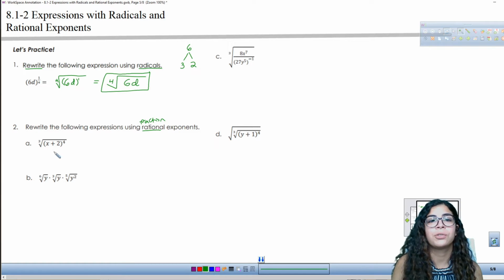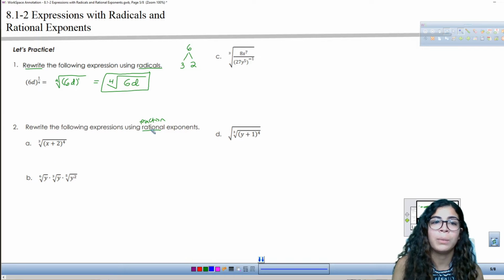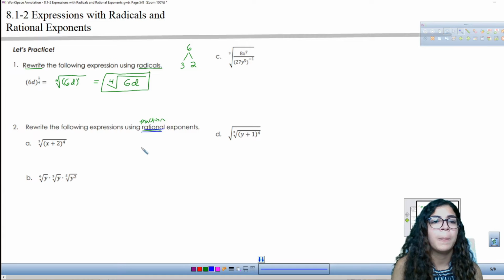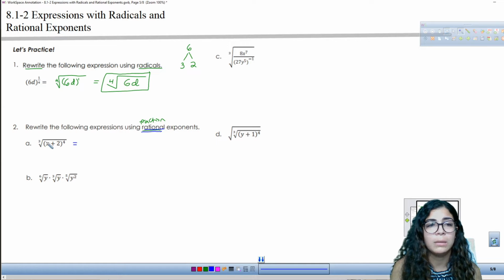Now number 2, we actually have 4 parts, a, b, c, and d, and what we're doing here is the reverse. We're given something as a radical, and we have to write it with fraction exponents, with rational exponents. What I would suggest is, if you're able to simplify on the inside, then simplify.